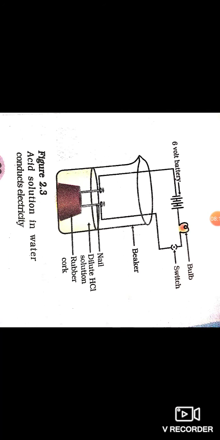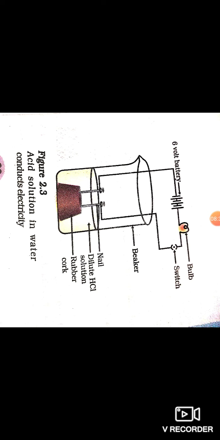So let us see. Dear students, observe this figure carefully. How does an acid solution conduct electricity? Set up the apparatus as shown in the figure.